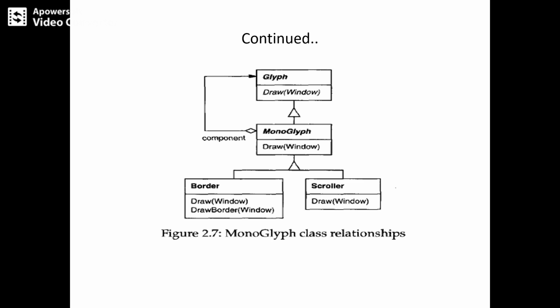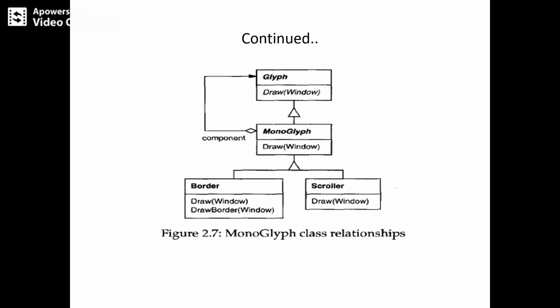The glyph class has a draw operation with a window, and the subclasses of monoglyph are the border, with a draw window, and the scrollable window, with a draw window for scrolling.